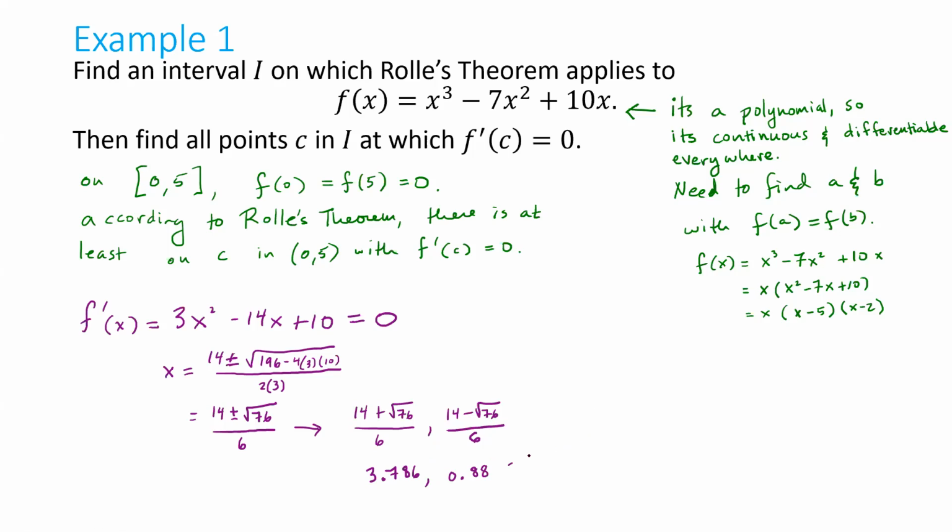So here we actually have 2 points in the interval 0 to 5 where f prime of that value is equal to 0. If it helps, you can imagine the picture. f of 0 and f of 5 are both 0, and you can also see that it passes through 0 at x equals 2 as well.